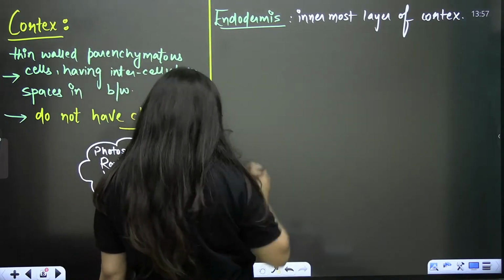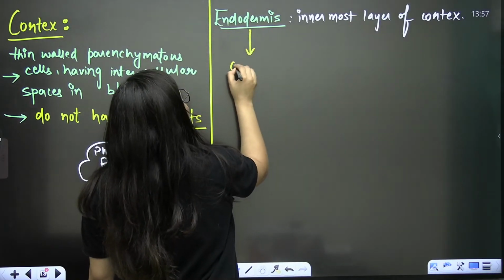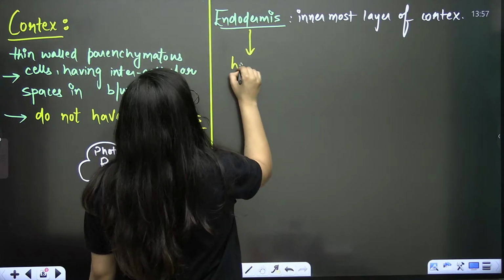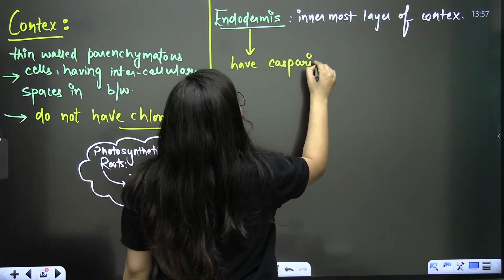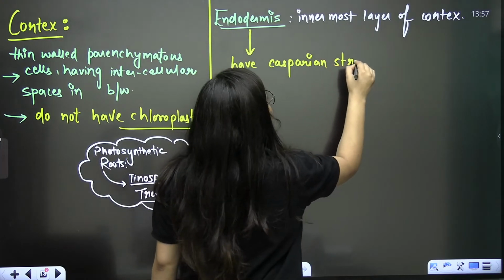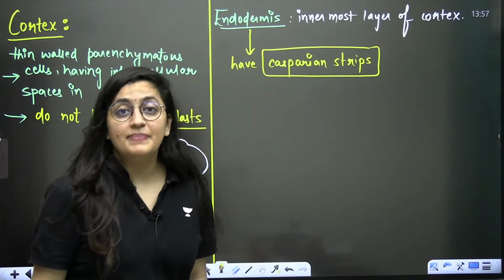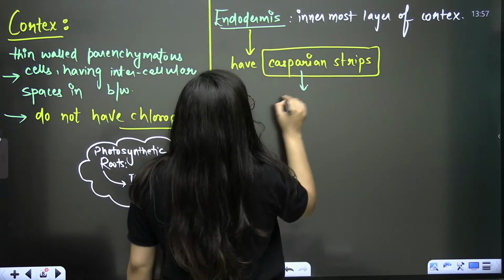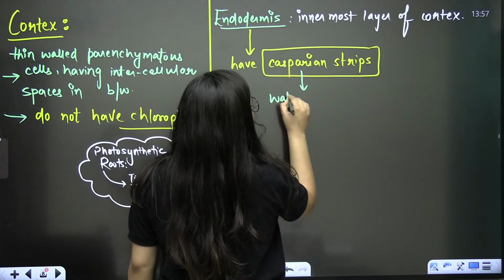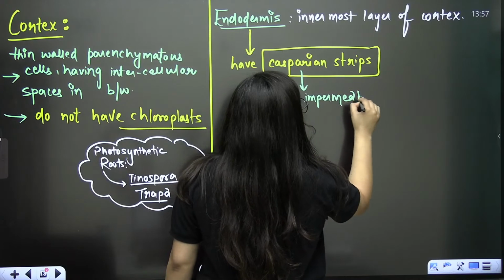So now in the endodermis, what will we see? Endodermis has Casparian strips. And these strips are water impermeable.